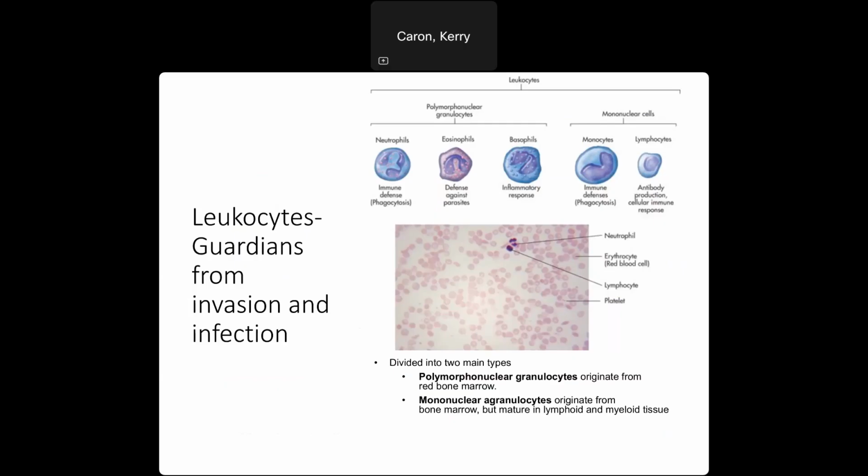We call them granulocytes because they have those little dots in them and they're granular. Your monocytes have one nucleus. Polymorphonuclear granulocytes are made in the bone marrow, but mononuclear cells are also made in the bone marrow, but end up maturing in lymphoid or myeloid tissue.